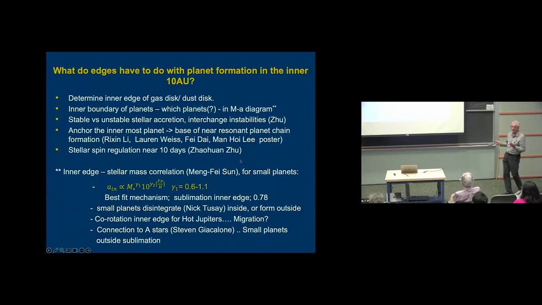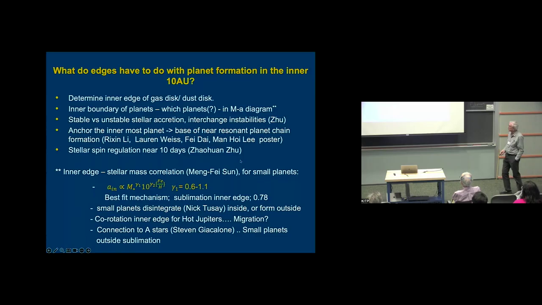We can anchor. There's been a lot of discussion in the dynamics here. This inner region serves as an anchor for perhaps the entire resonant chain for a while. Many people have talked about that in interesting conversations, discussions. The stellar spin gets regulated by the co-rotation interaction. So this edge is extremely interesting.